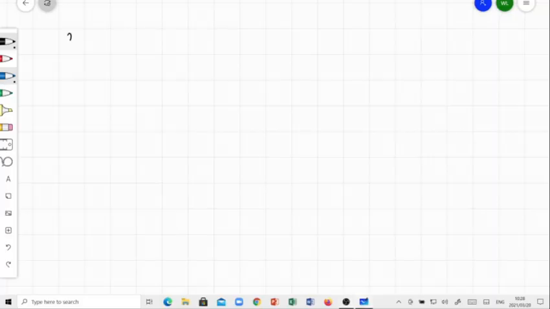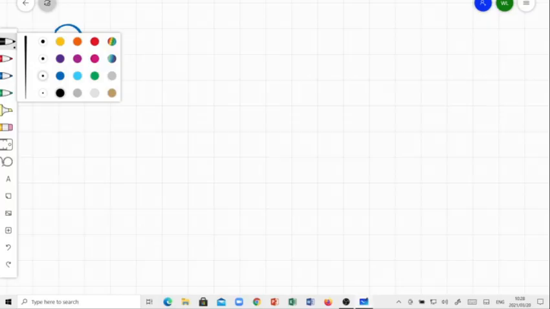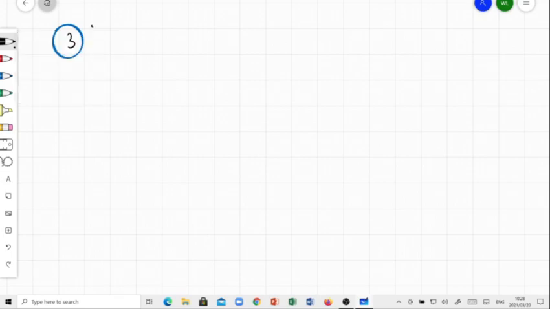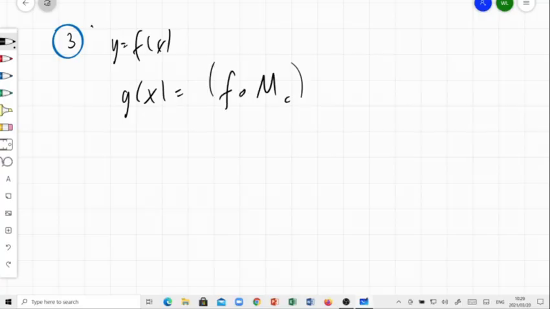Okay, the third type of function composition that happens between a friendly function and an arithmetic function is the one where the arithmetic function is the multiplication function. So let's say we have our friendly function, and I compose it with my multiplication function. Think of my c as 2.